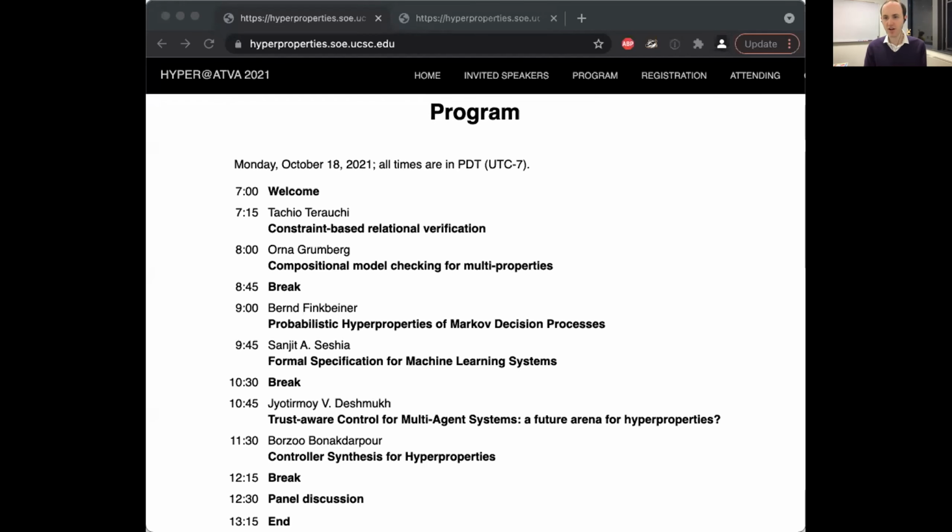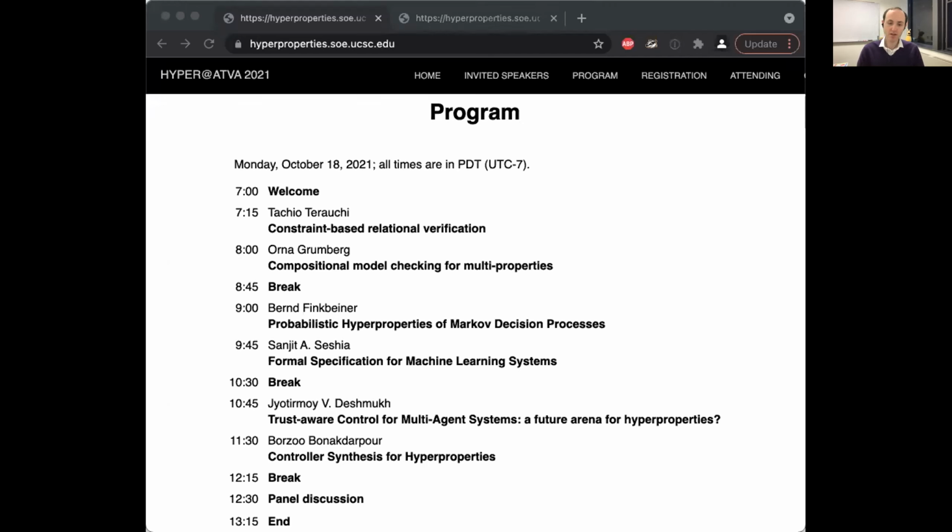So our first talk today is by Tachio Terauchi from Waseda University. Prior to being at Waseda, Tachio was also at JAIST and before that at Nagoya and Tohoku University.